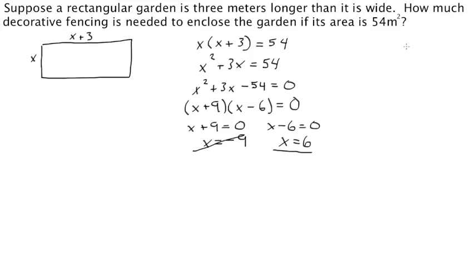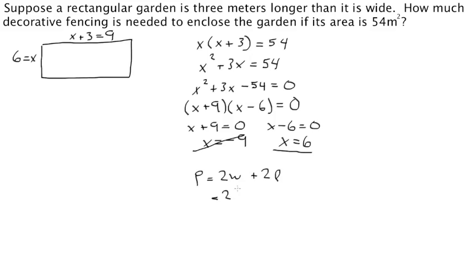We are asked how much decorative fencing is needed to enclose the garden. We said before that's the perimeter. So the perimeter is going to be 2 times the width plus 2 times the length. We just found that x is 6, so our width is 6, and our length is 9.